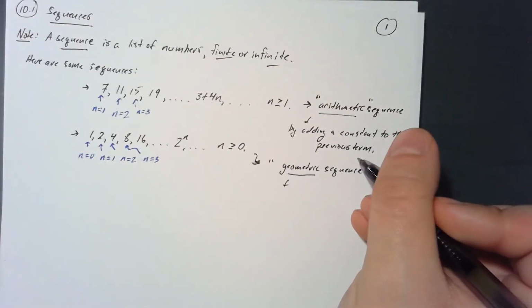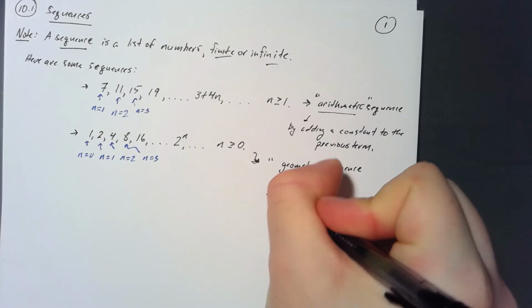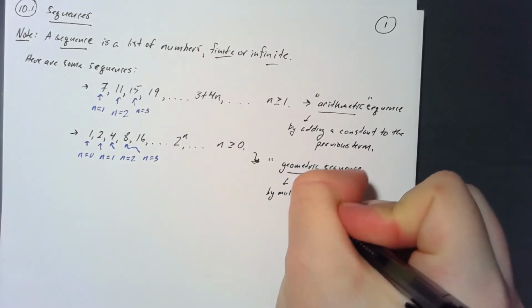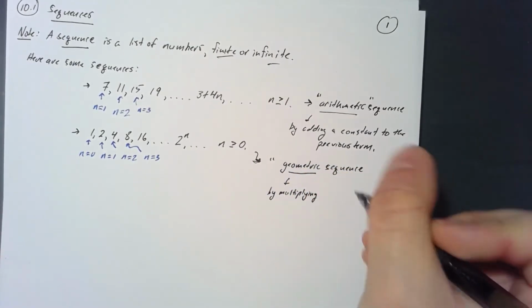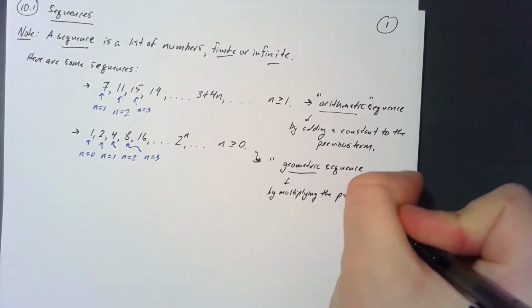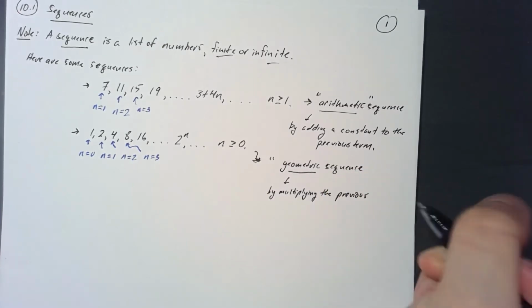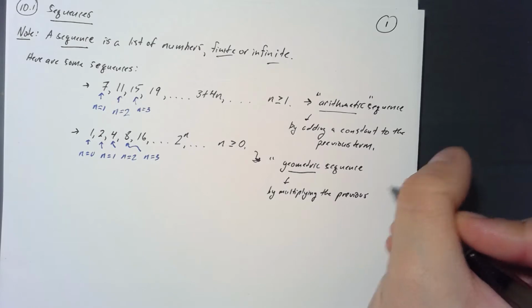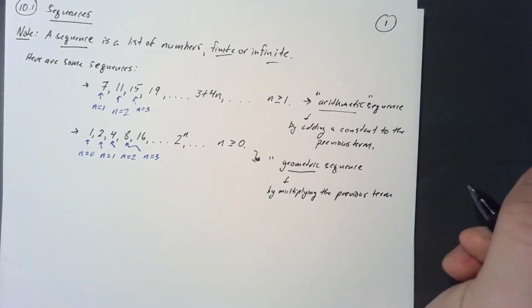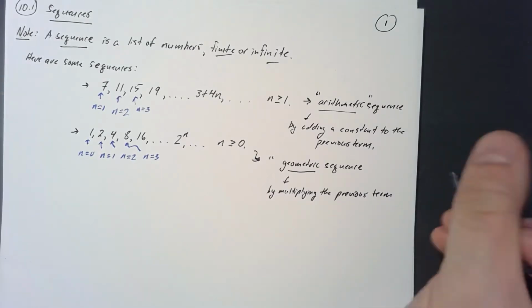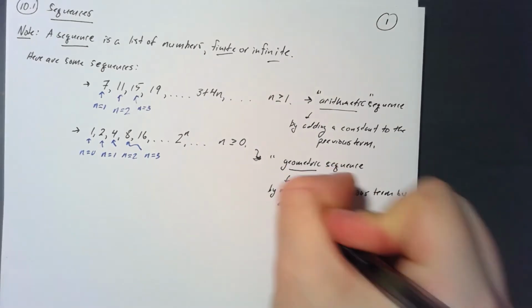You get those by multiplying the previous term by a constant.